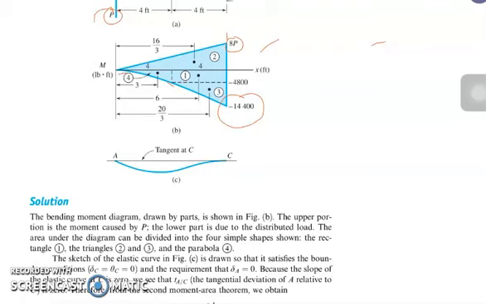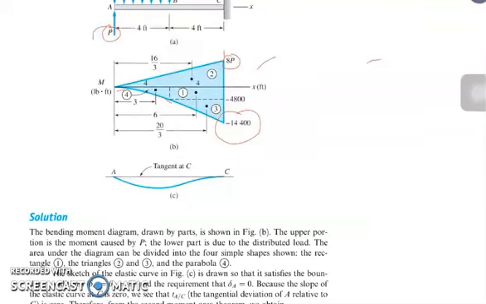We have one triangle, one rectangle, and 2 parabolas. From this portion, we subdivide. If we're going to get the value of the intensity here, that will be 600 times 4 times 2, from the centroid towards point B. So that will be 600 times the length, which is 4, times the distance from the centroid towards point B, which is 2.